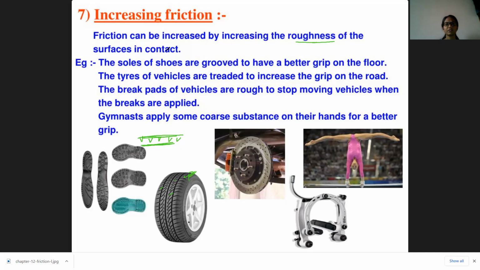Okay, the soles of the shoes have grooves for better grip, and so do the tires of the vehicles, and the brake pads. You can see the brake pads are given to increase the friction. They also use ball bearings here, inside the moving parts of vehicles where brakes are applied.